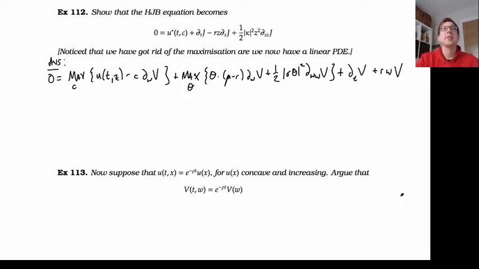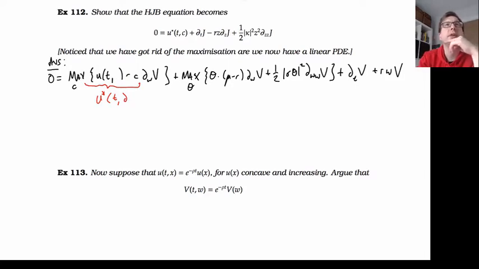I can notice that this is equal to u star t of the partial derivative of v. I'm noticing I've got some typos here, sorry.